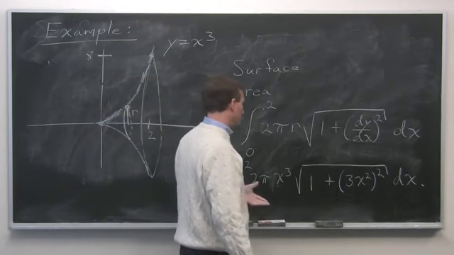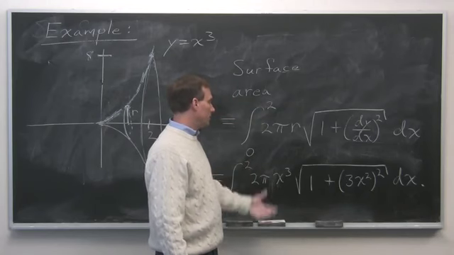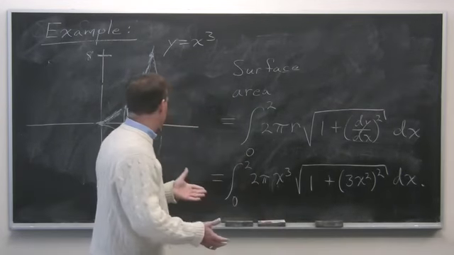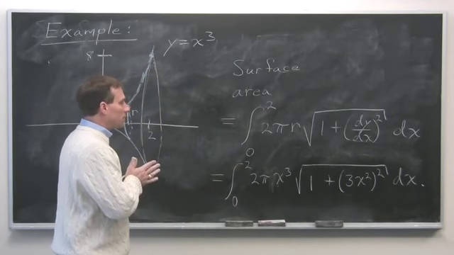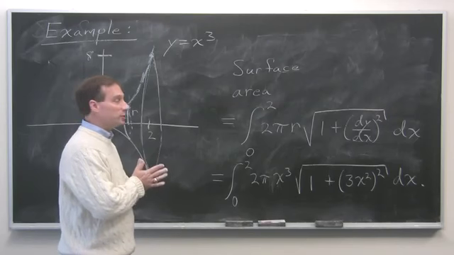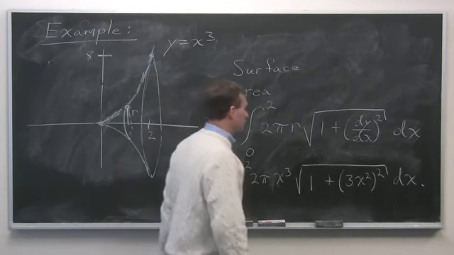It's a much more difficult problem. So understand that different curves about different axes of revolution can give you wildly different integrals to do, and certainly should give you different surface areas. All right, but let's do this one.